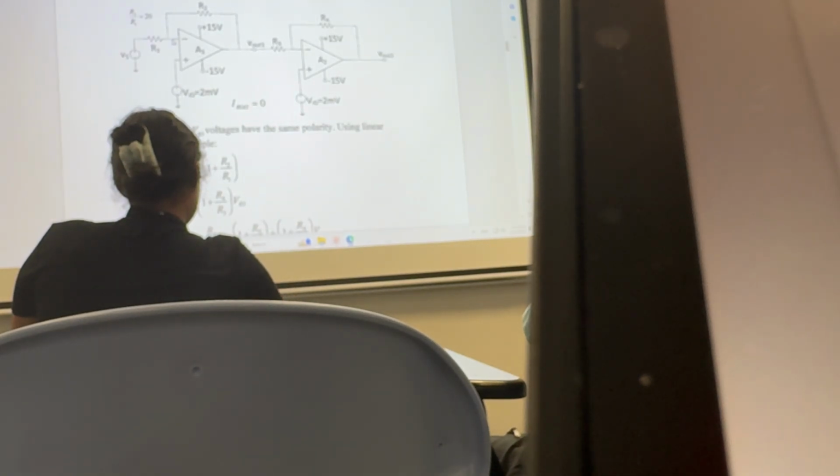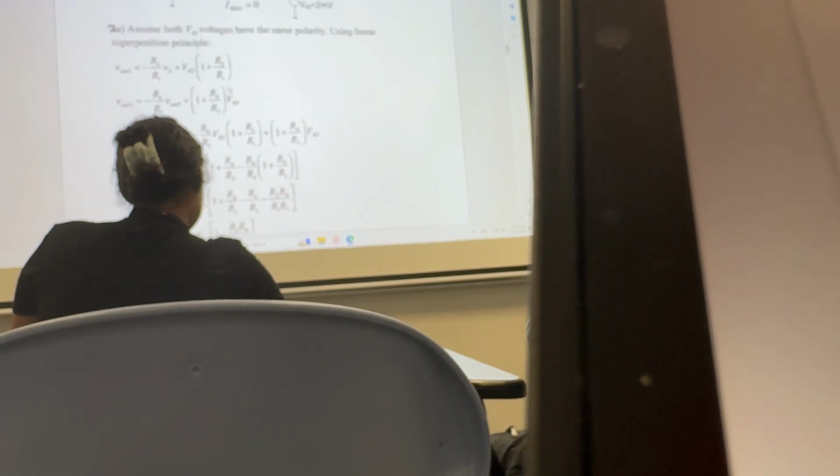Now you can see that for this offset, if you look at the first offset, the output is inverting. The inverting offset will generate an R2 over R1 offset. Now, if you don't consider this offset, the offset that goes to here is also an inverting offset. Invert and invert.